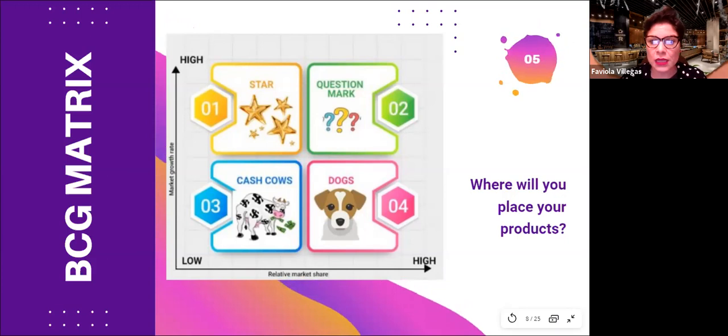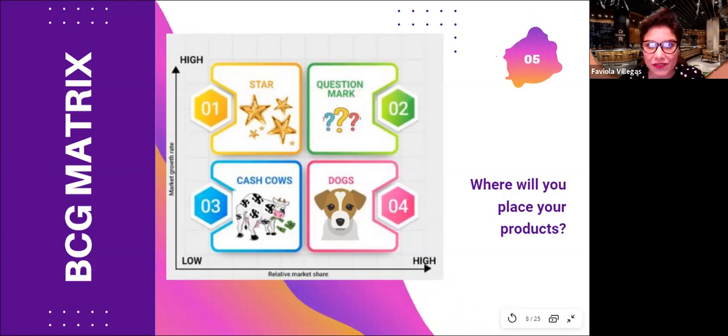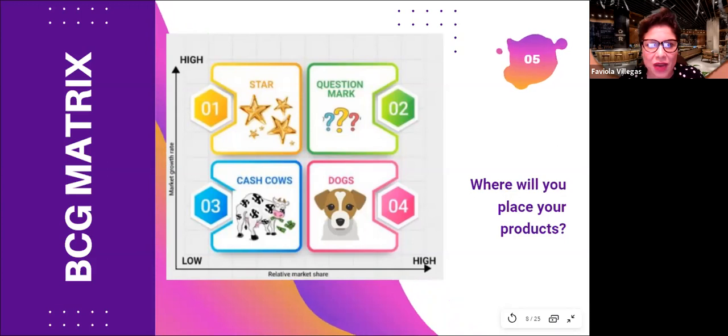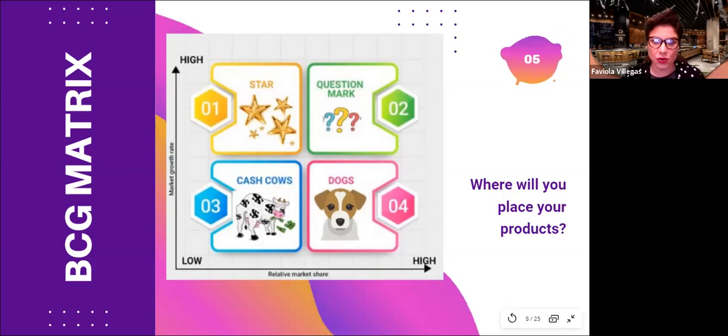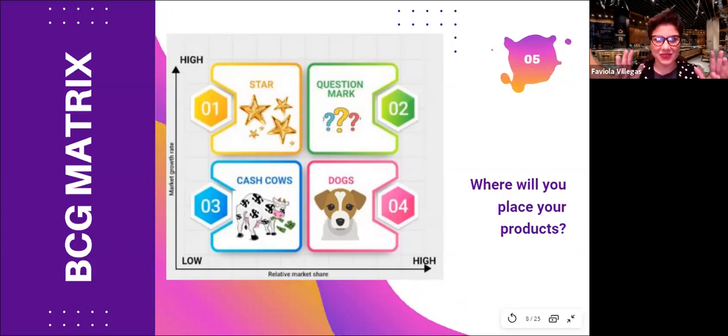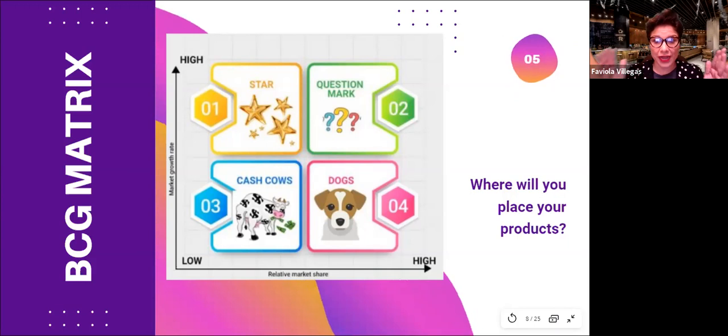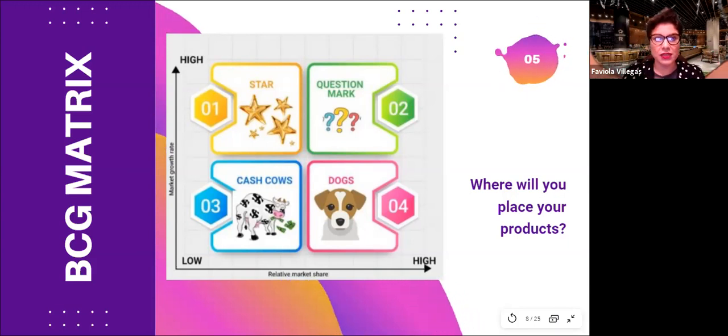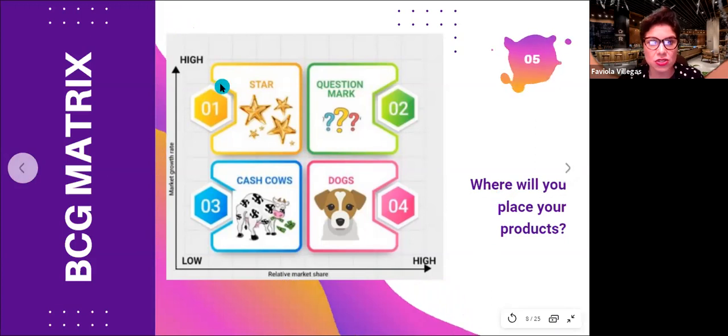So here we are. Here's a BCG matrix. Now you are seeing this graph, this image that tells you how it is located. Relative market share is high and low from left to right. Okay, and cash cows, dogs, question marks, and also the stars.